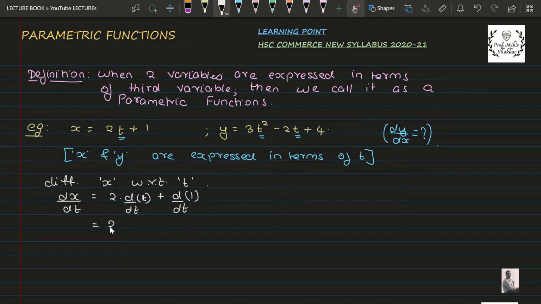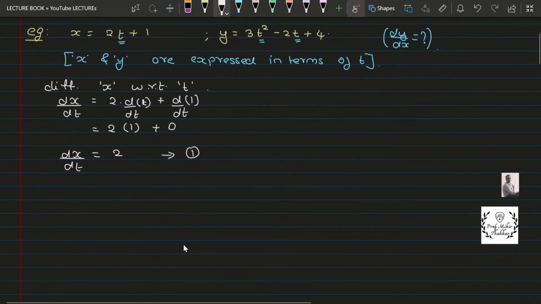So you get 2 into 1 plus 0, because 1 is a constant. So dx upon dt is equal to 2. Give it as equation number 1, and then we will repeat the same procedure for the variable y.